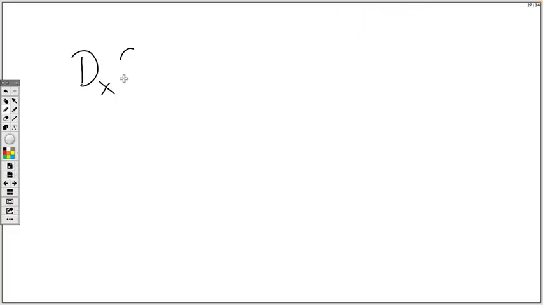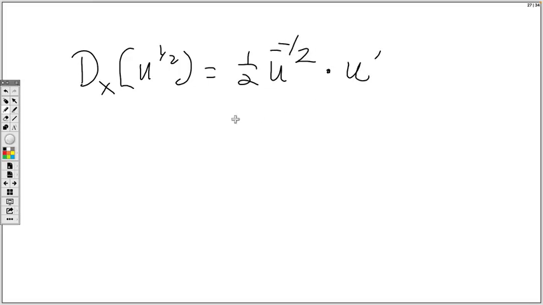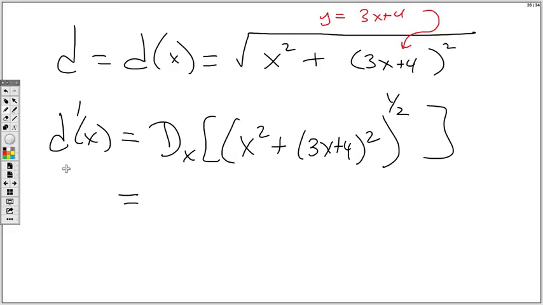So what's the derivative of something to the 1/2? That's what? 1/2 times on something to the minus 1/2 times its what? Derivative. So we'll go back to that. 1/2 times all of this.